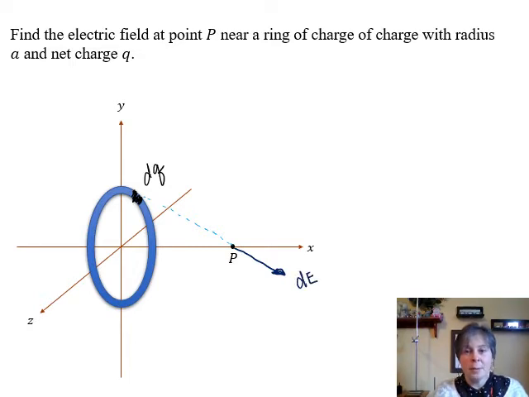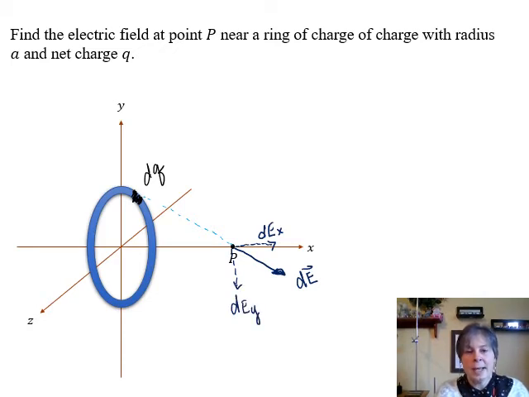Okay, I need to get my components in here. So my dEx is forward, or in the positive x direction. Why don't I say that instead? That's a little bit more clear. My dEy, since my dq is in the top half of the ring, dEy is going to point straight down. There's my dEy.